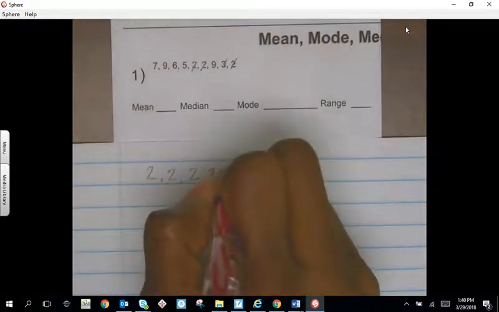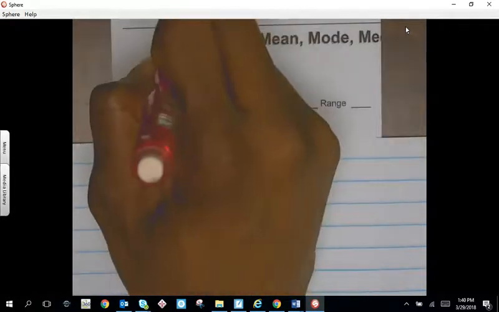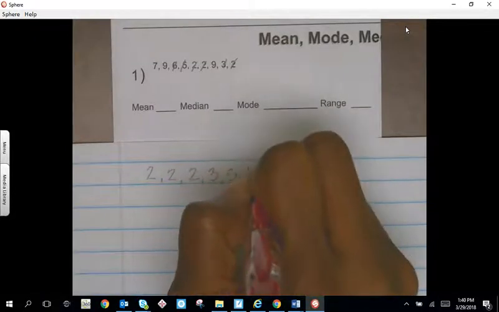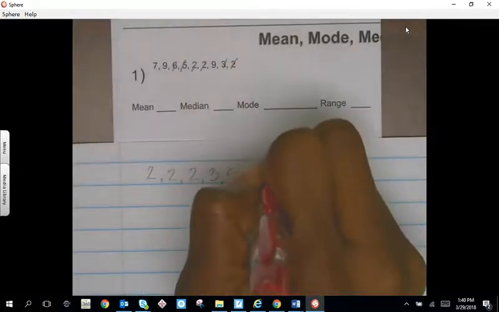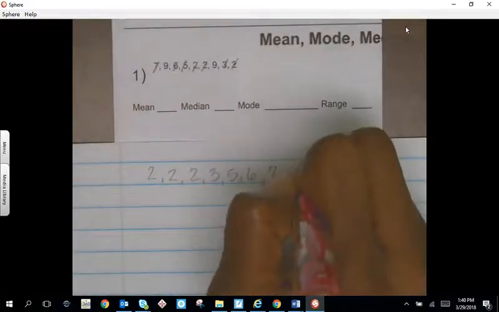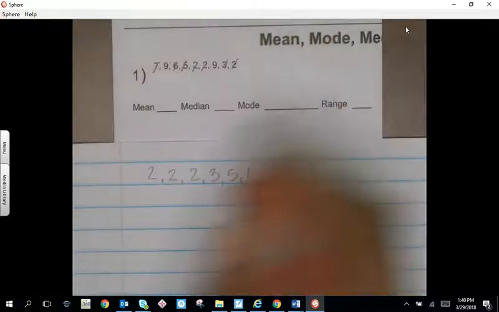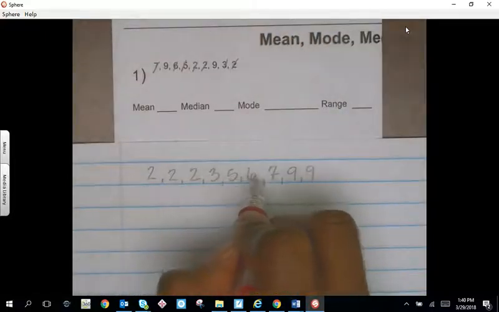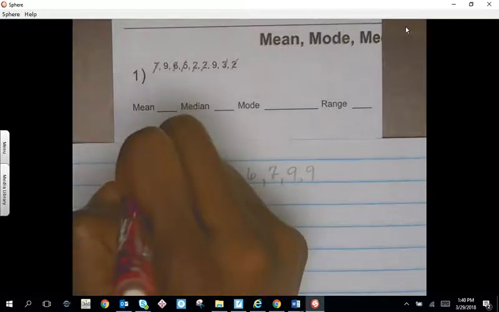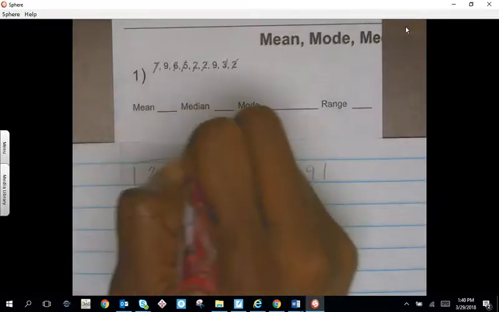And I have a 3, a 5, a 6, a 7, and 2 nines. 9, 9. 1, 2, 3, 4, 5, 6, 7, 8, 9. Always want to double check and make sure that you have all your numbers. Okay?